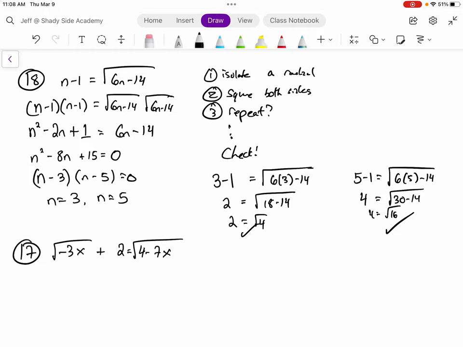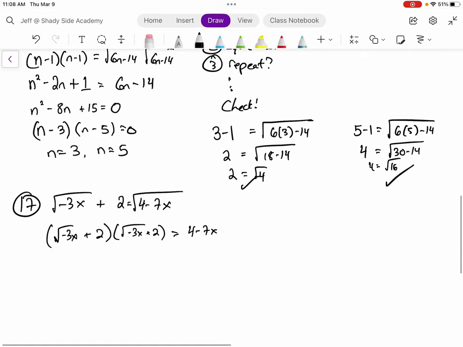Square both sides. Okay, so if I square my left side, remember that's this thing times itself. On the right side, it's just going to be that thing times itself, which is just 4 minus 7x. Okay, so let's multiply this thing on the left times itself.